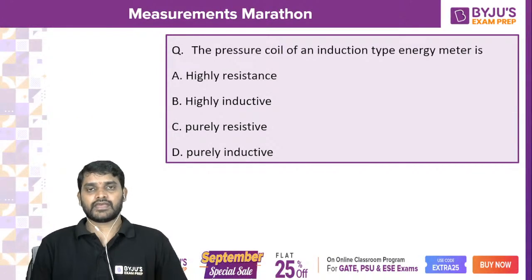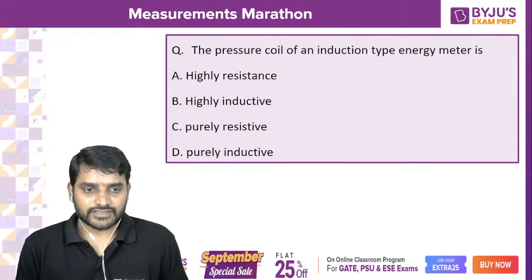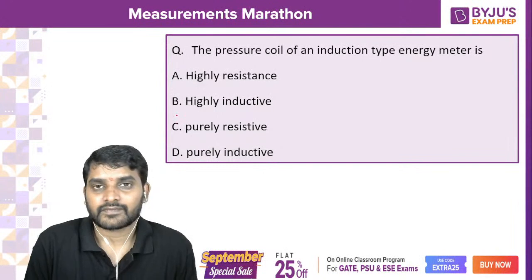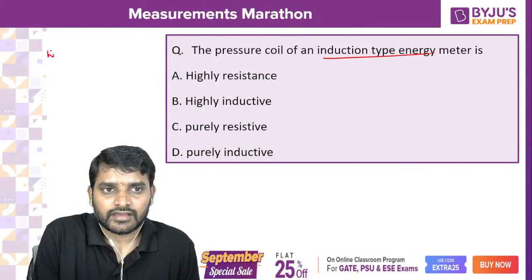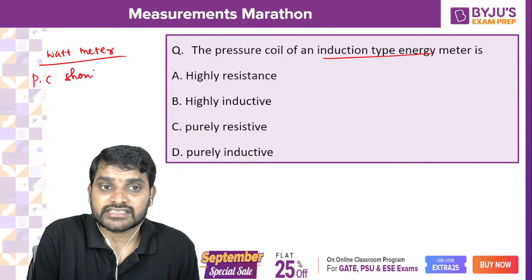Okay. Now can you tell me what is the answer for this one? Pressure coil of an induction type energy meter. Wattmeter pressure coil, how to design? Wattmeter pressure coil should be highly resistive.